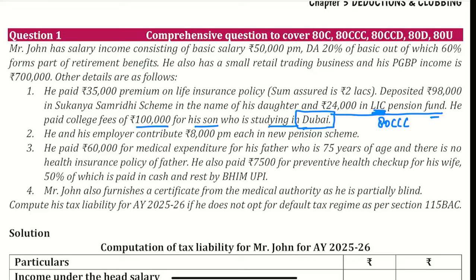Are we getting any other thing? John has a salary income, basic salary, he's getting 50,000 per month. DA 20% of the basic. How much is forming retirement benefits? I don't want right now. He also has a small retail trading business in PGBP.